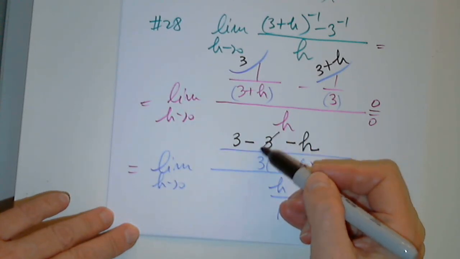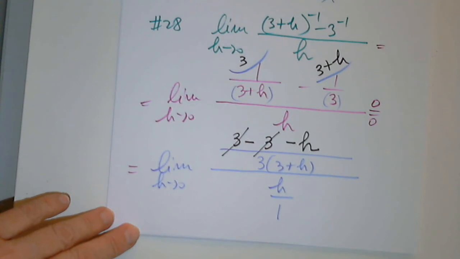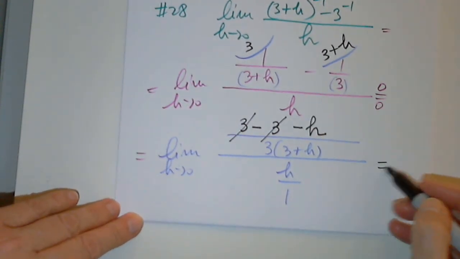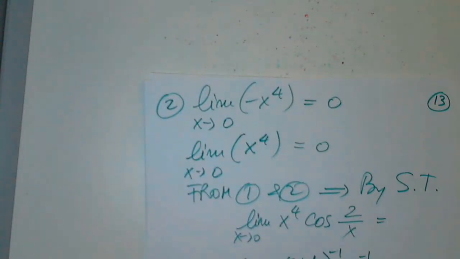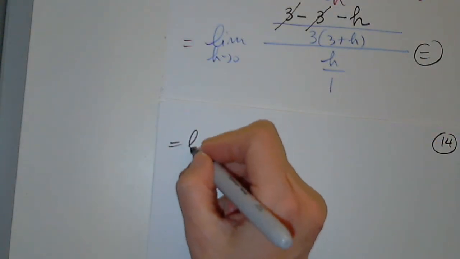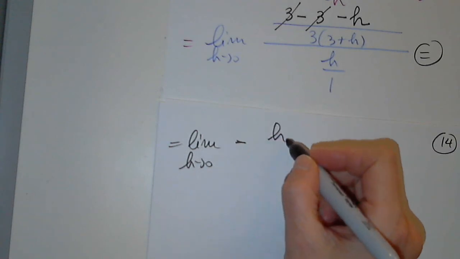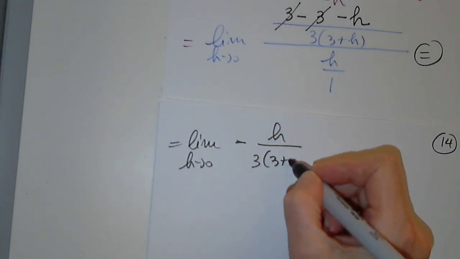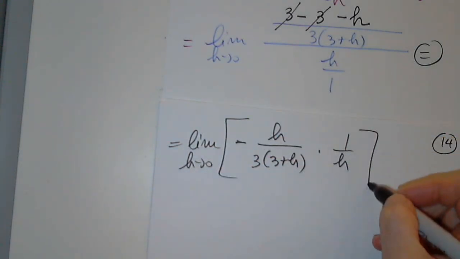As expected, all terms without h go away. Do not drop the limit operator, please. You're not allowed to, not yet. So the limit as h approaches 0 of negative h over 3 plus h times 1 over h. Please put brackets.